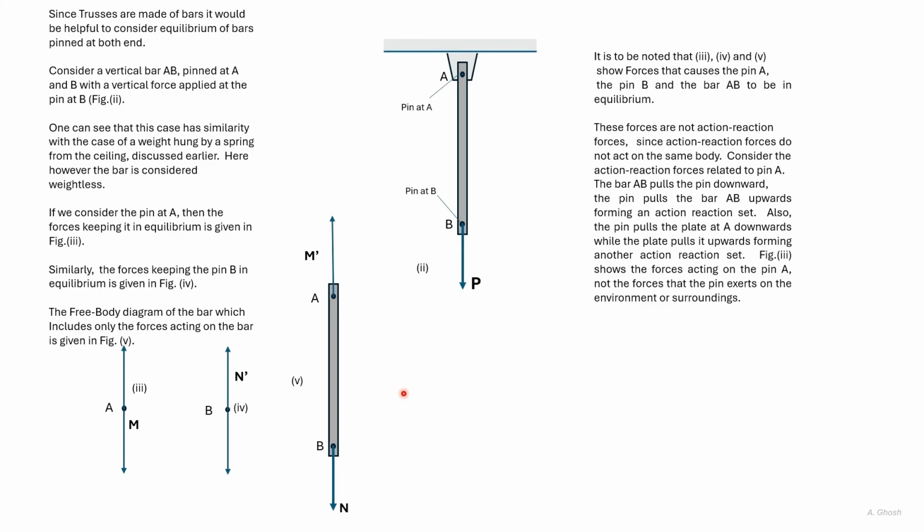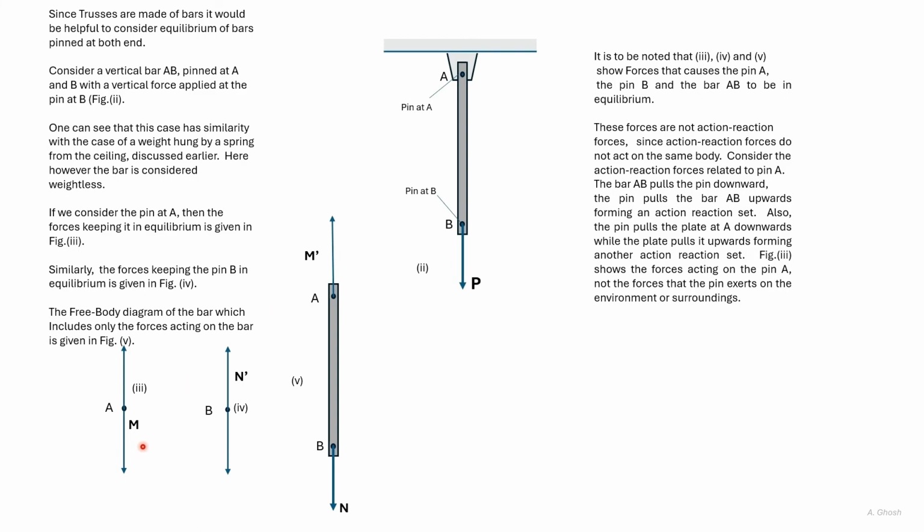We can now look at two action-reaction sets. The pin at A is being pulled by AB. Let this force be M. Then the bar AB is being pulled by the pin, and so let this force be M dash.